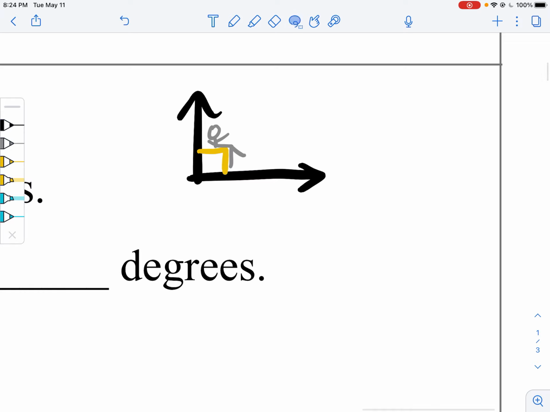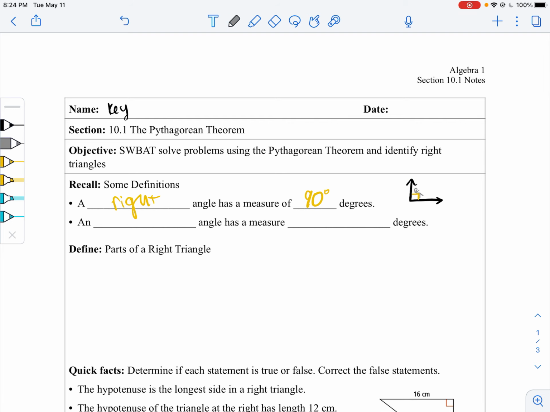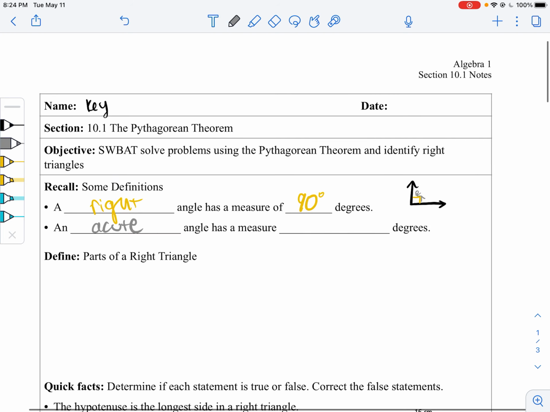However, if we were to take this guy and squish him, we'll make him really tiny, and we're like, oh, so cute. Look at how squished he is. An acute angle is one whose measure is less than... that's grammatically wrong.